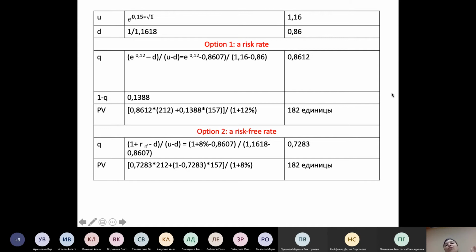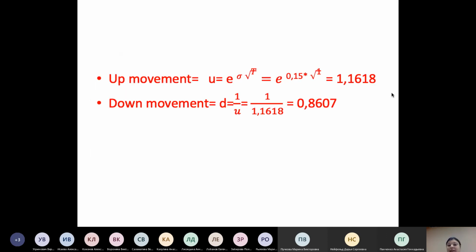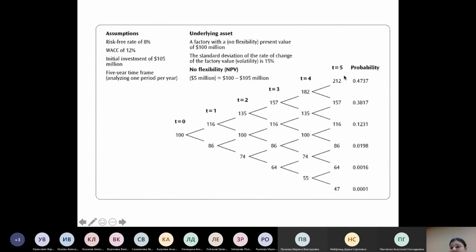The probability of the good scenario, the probability of increasing our parameters, is 86%. And the probability of decreasing in our scenario will be 1 minus the probability of growth, 1 minus 86%. In other words, the probability of decreasing our parameters is 13.88%.